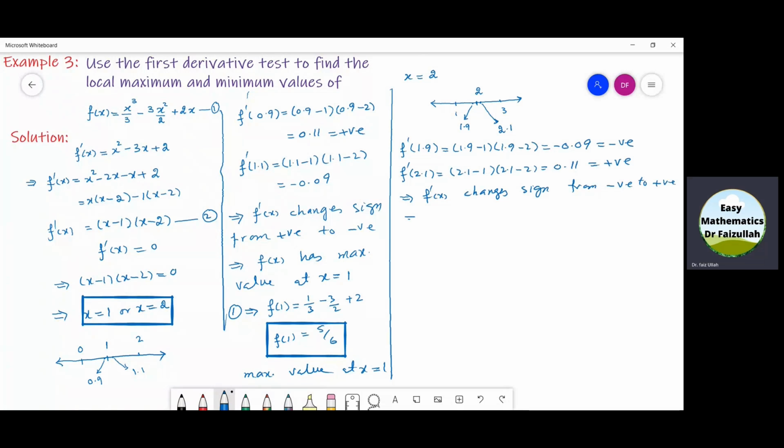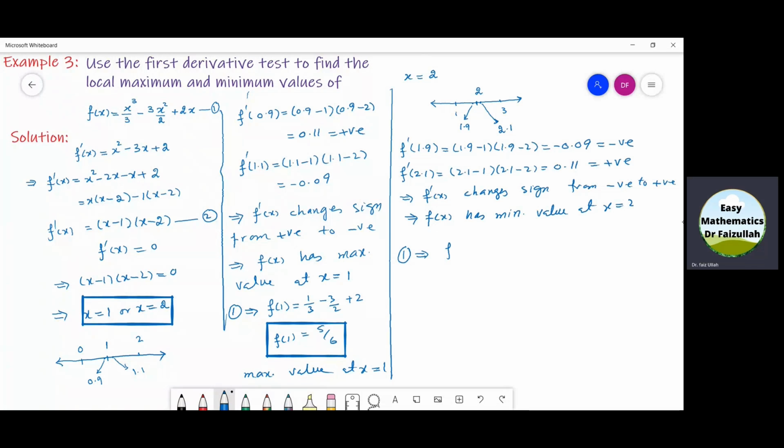So this implies, according to the first derivative test, f of x has minimum value at x is equal to 2. And to find the minimum value, now we can put x is equal to 2 in 1.